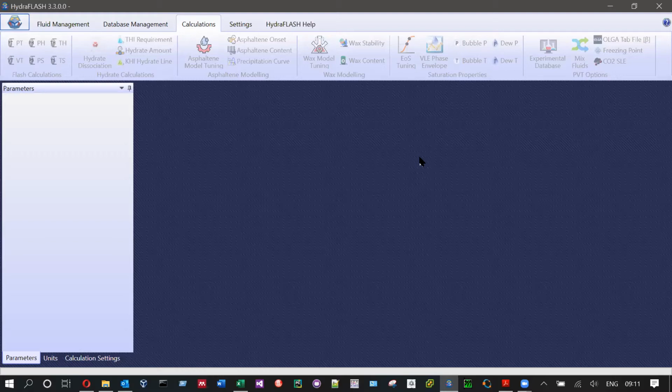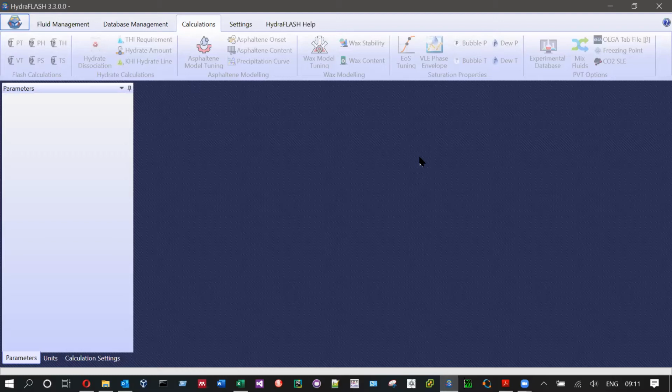For example, if you're working on 3 or 4 projects at the same time and you don't want to mix all these Excel files and input files, you can create a database, create the compositions and results, and save everything in a single database. Whenever you want, you can back up that database, and whenever you want, you can import that database, see the results, use the compositions, and perform the calculations again.